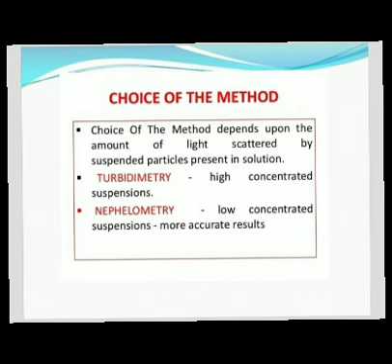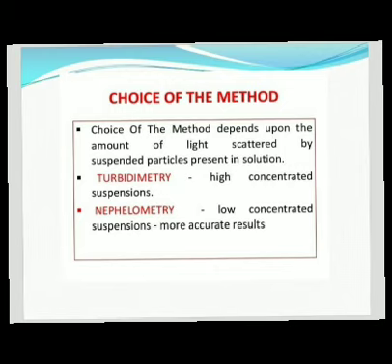There are two main types of instrument: first, the turbidometry instrument, and second, the nephelometry instrument. If our colloidal solution contains a high concentration of suspension, so the dimension of the suspended particle is larger, then we use turbidometry.